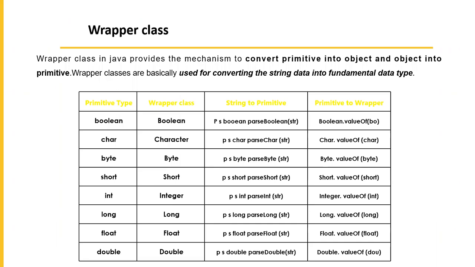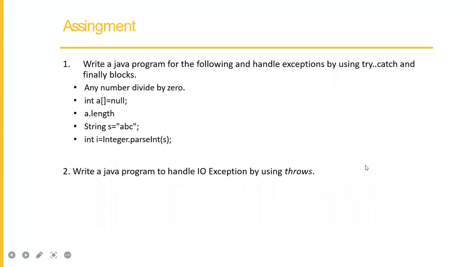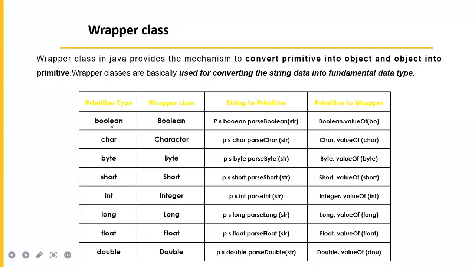What actually are wrapper classes? Why do we use these wrapper classes? A wrapper class in Java provides the mechanism to convert a primitive into an object data type and an object into a primitive, vice versa. Look at the diagram, I'm showing all the primitive data types. Earlier we had a discussion on these, right? For these, we have equivalent wrapper classes.